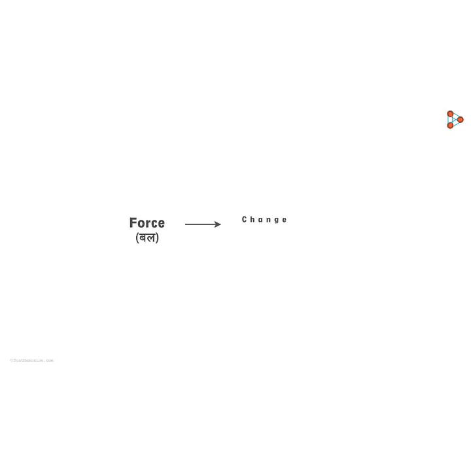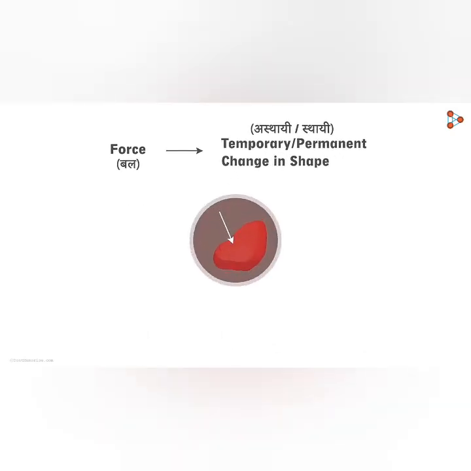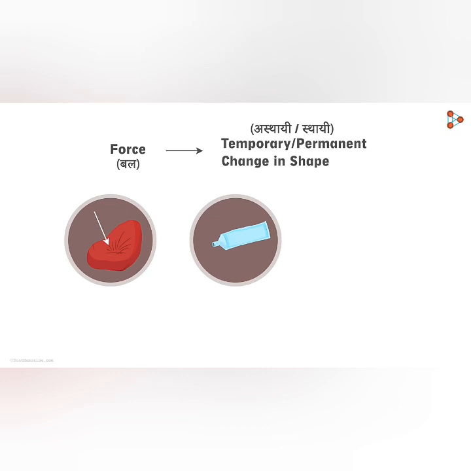Now let us witness some real life examples which can bring permanent or temporary changes on an object. When you sit on a bean bag, it changes its shape temporarily. When you press toothpaste, there is a permanent change.